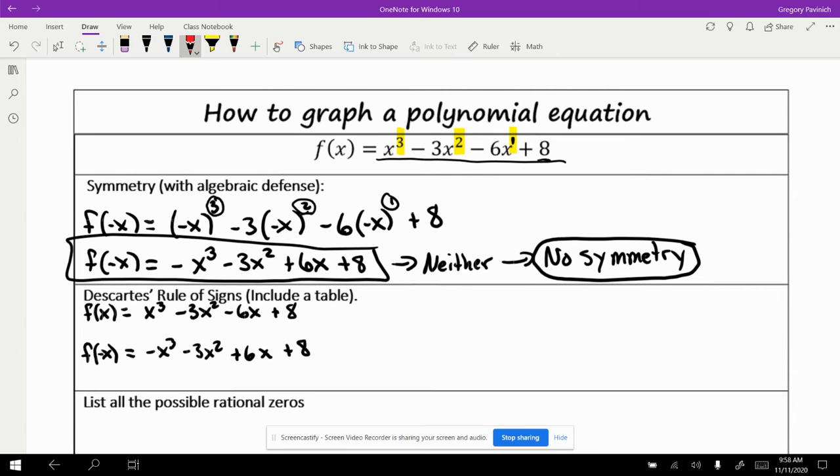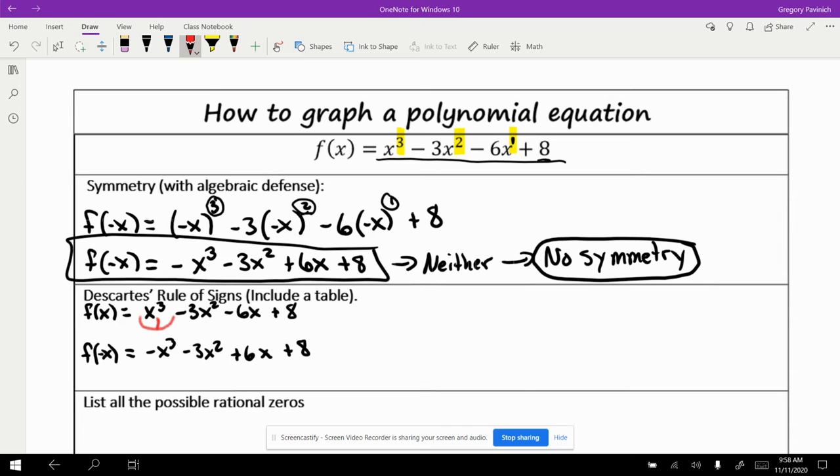Okay, so I'm going to start off at this original equation on the top, and I'm going to look at the sign changes starting with the x cubed. Well, it's a positive x cubed, and it moved to a negative 3. So from a positive 1 to a negative 3, that changed signs. So that's one sign change.